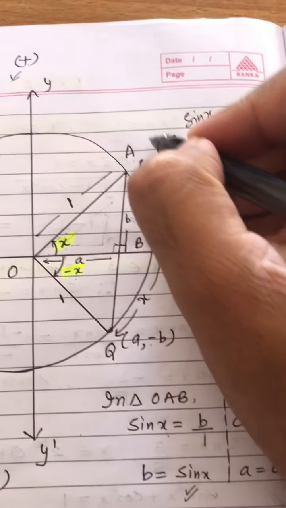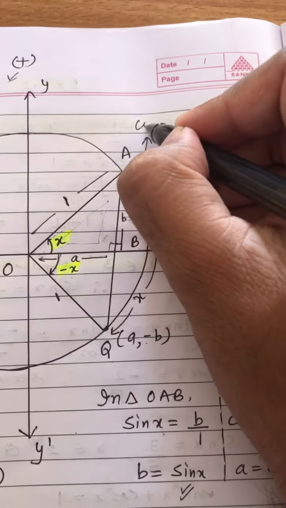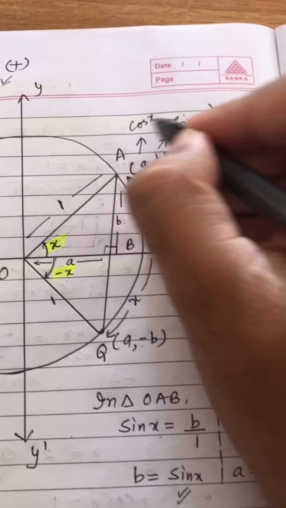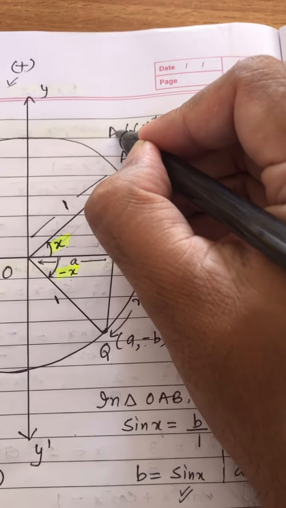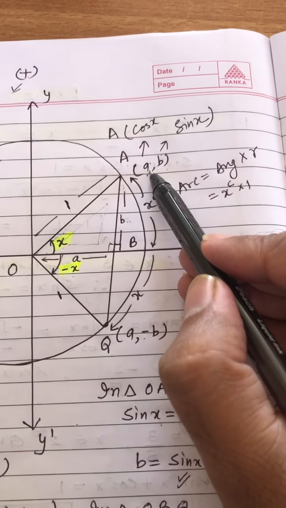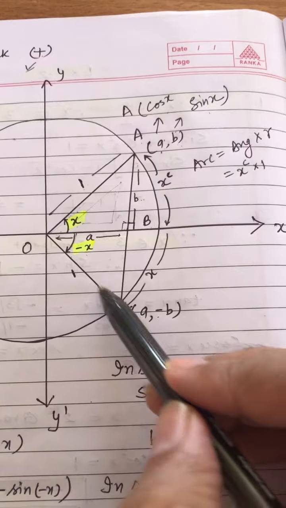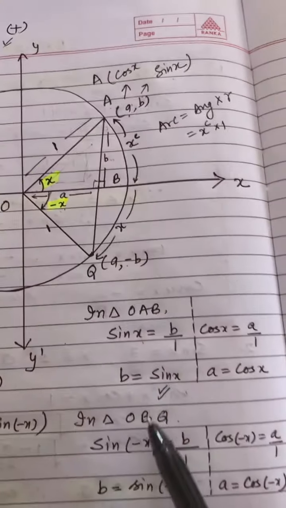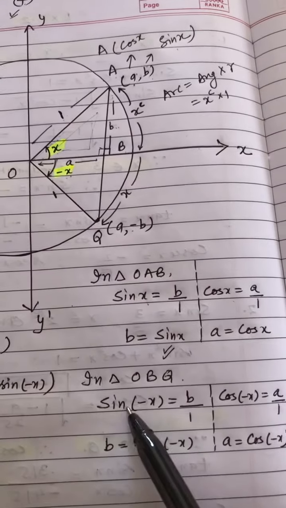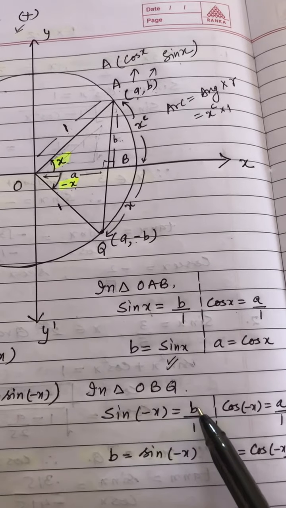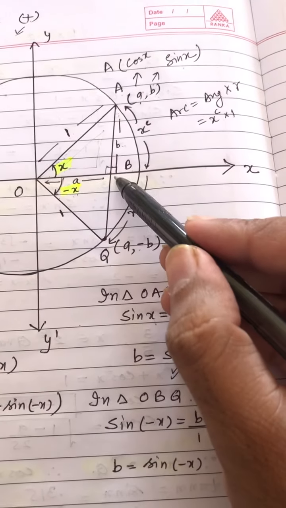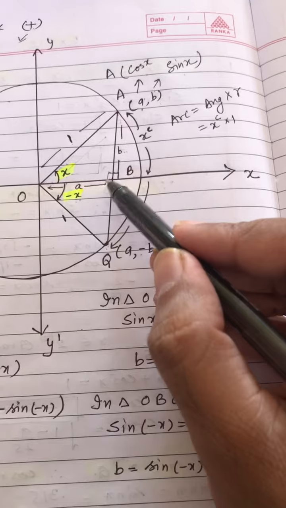So these are the coordinates of point A in terms of sine and cos: a will be cos X, b will be sin X. Similarly, from this triangle, if I take the value of sin of minus X, now the angle is minus X, it will be perpendicular upon hypotenuse. Perpendicular is b and hypotenuse is 1.